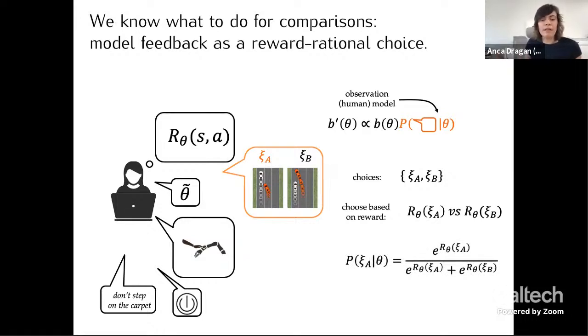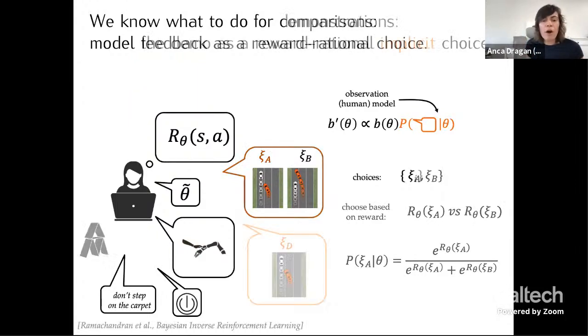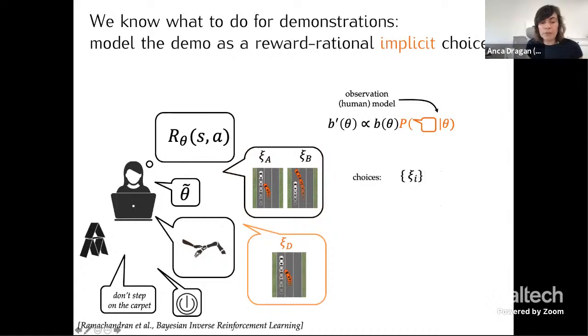So I'm going to say the probability of you choosing A over B given theta is proportional to the exponent of the cumulative reward of A. And I want you to pay attention to the normalizer here. I have to normalize this over my choices. It was A and B, so I normalize it over A and B. So we know how to do this well. We also know how to do demonstrations well. So that's inverse reinforcement learning. In this case, it'd be called specifically Bayesian inverse reinforcement learning.